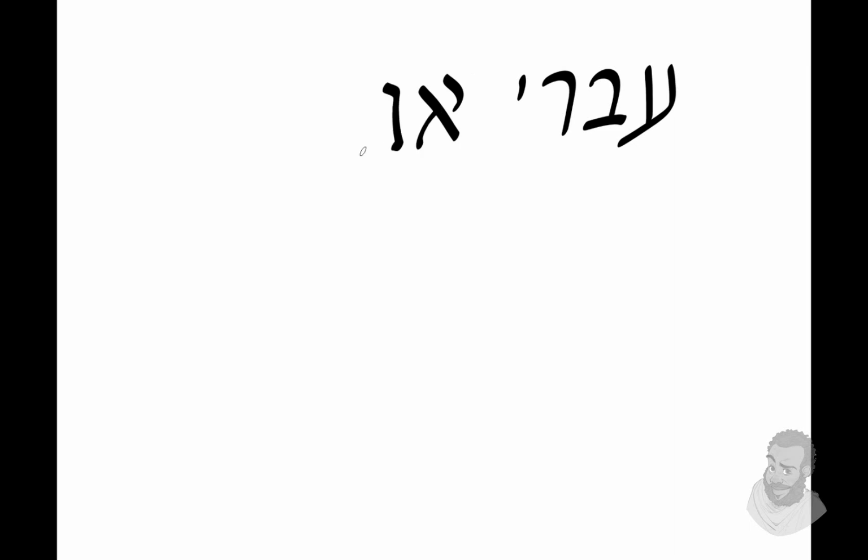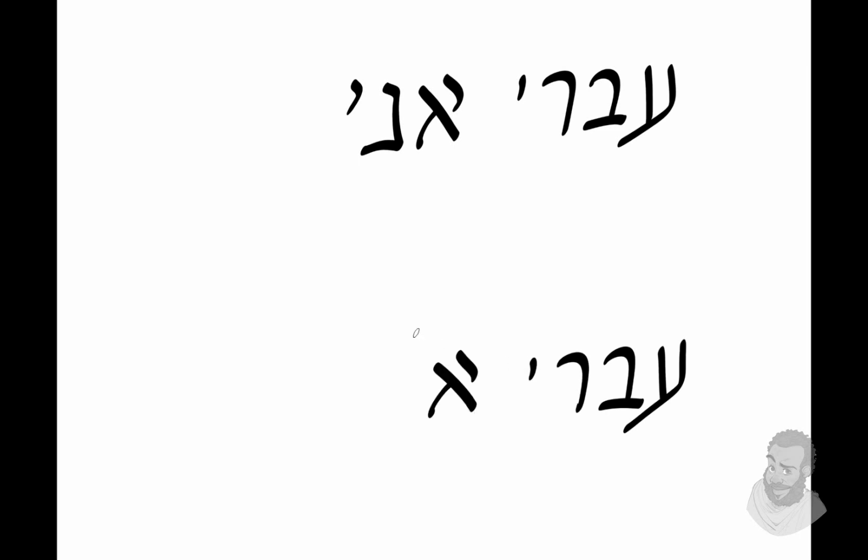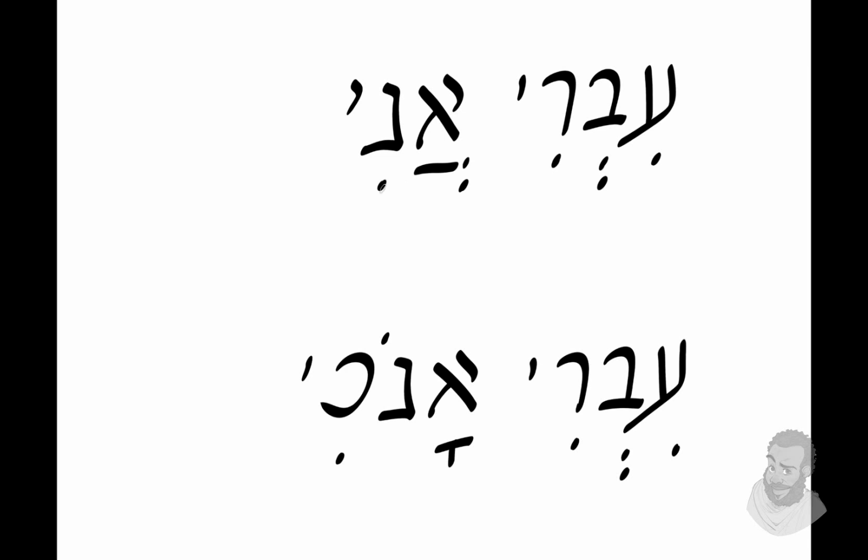The second way you can say this is this one, I like better. You put the pronoun towards the end.